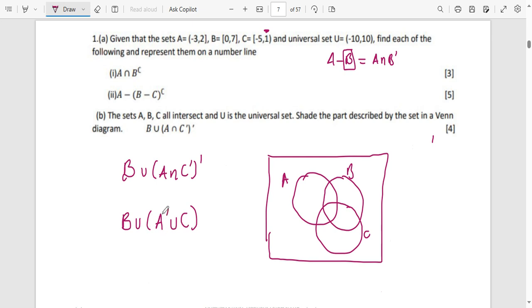Now we want to shade this set. The first thing is what?